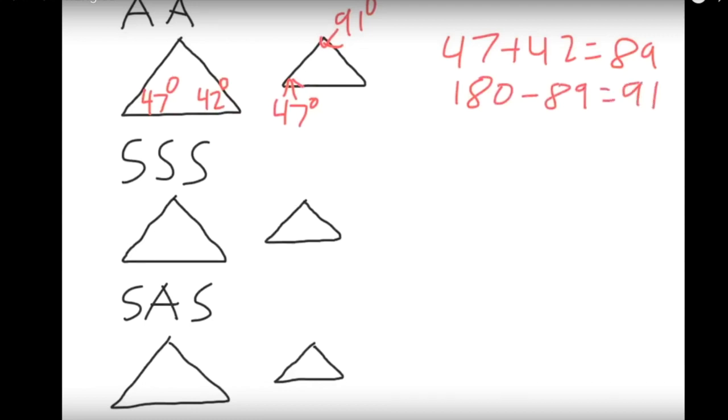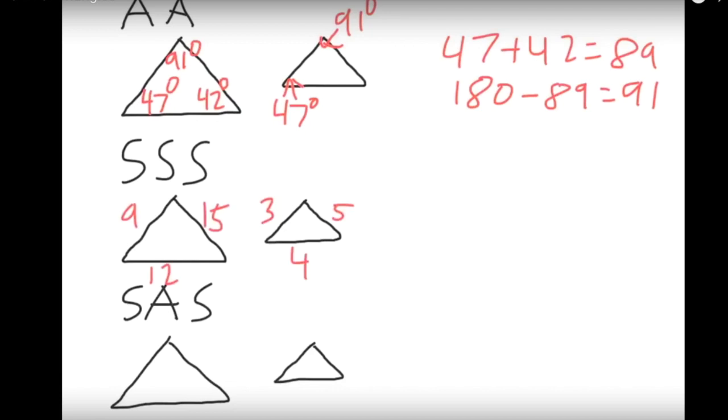So this angle right here is 91. Now we know that if this is 91 and that's 91, those 2 are now congruent. So we now have 2 pairs of angles that are congruent, so that means these triangles are similar.